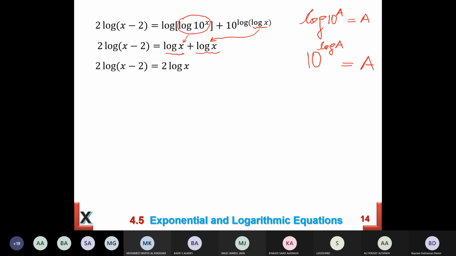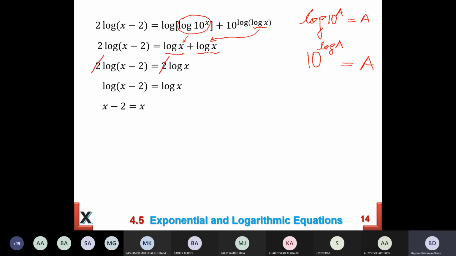Let's cancel the 2 from both sides. We get logarithm of x minus 2 equals logarithm of x. By the property of logarithms, the arguments should be equal, so x minus 2 should be equal to x.